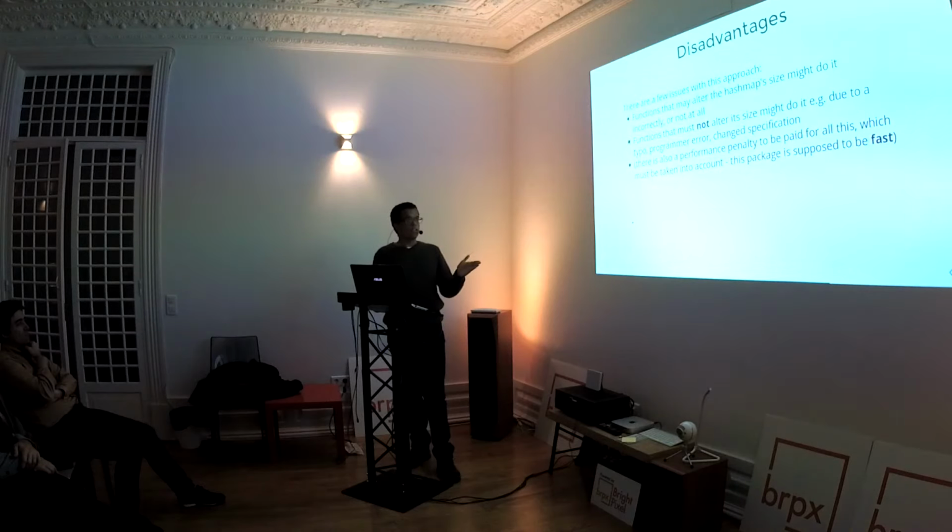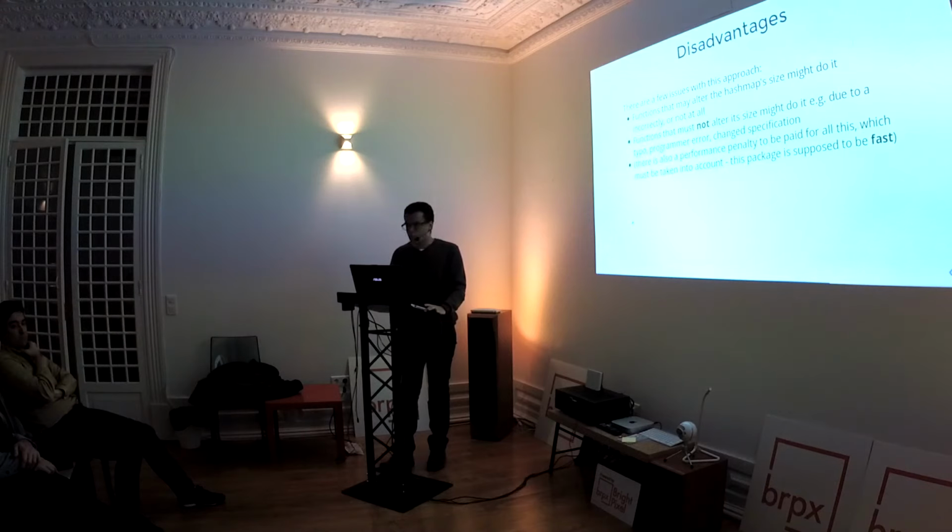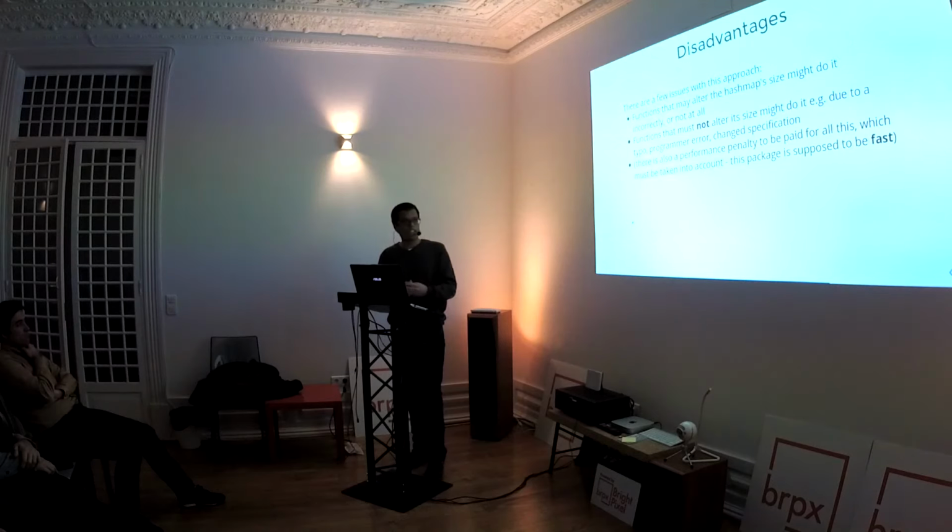And this package is supposed to be fast. It's supposed to be something that we use when we want fast lookups, when we want performance, and any regression because of a pull request, which is what I did here, is something to be looked at seriously. So how do we solve the first two problems? The third problem is something else entirely.